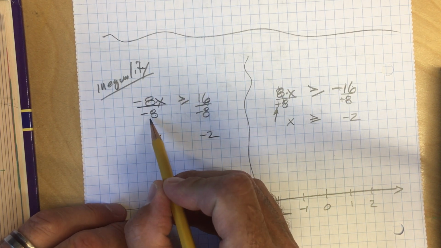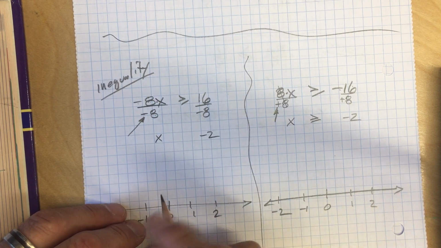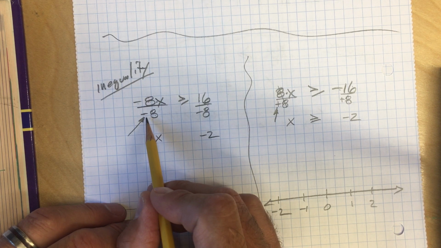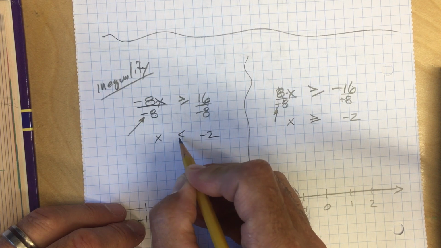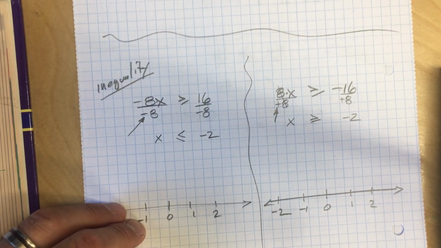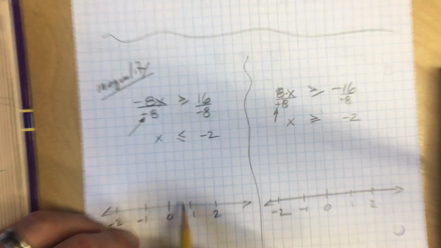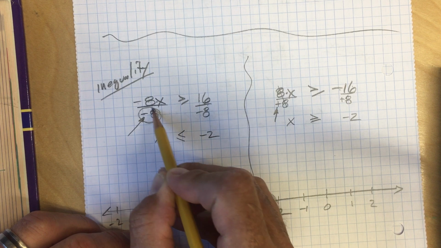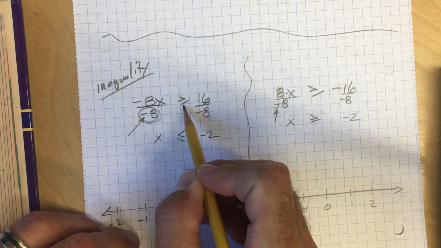Look at over here. What is the divisor? It's negative. We are dividing by a negative number. If you are dividing by a negative number, you change the direction of the inequality. Okay, that's the key thing. If the number you are dividing by is negative, you change the direction.